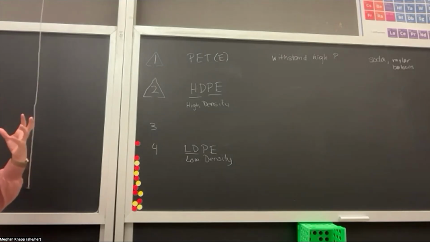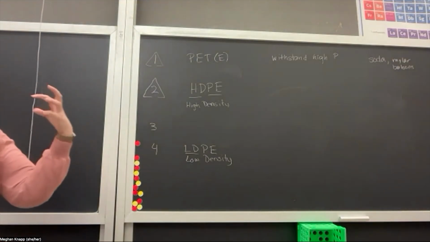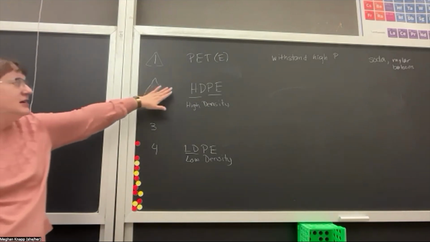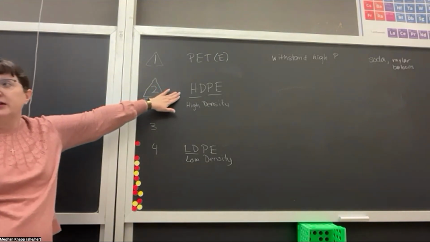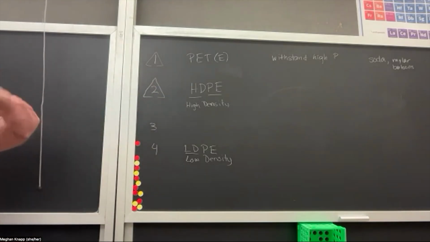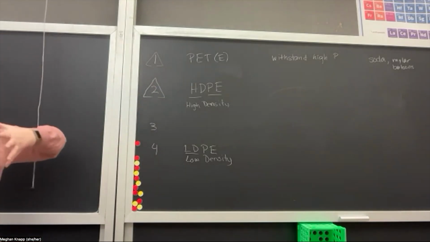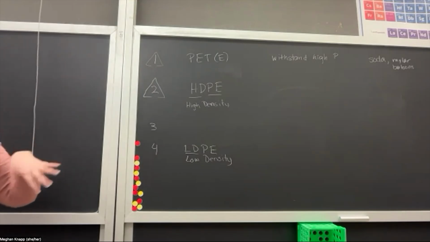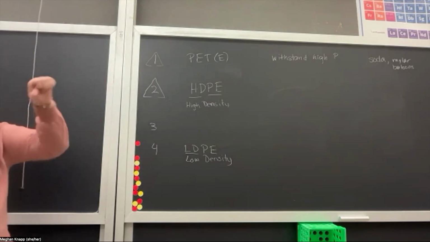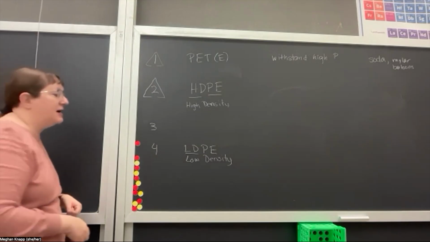So if we think of all of these polymers as long strands, this one is just a basic simple strand. But if you've ever tried to pick up the branches that have fallen down in a yard and put them into a pile, when there's lots of things sticking out of them, they don't stack together nicely, right? And so you might have to break off the side branches to get them to pack together.